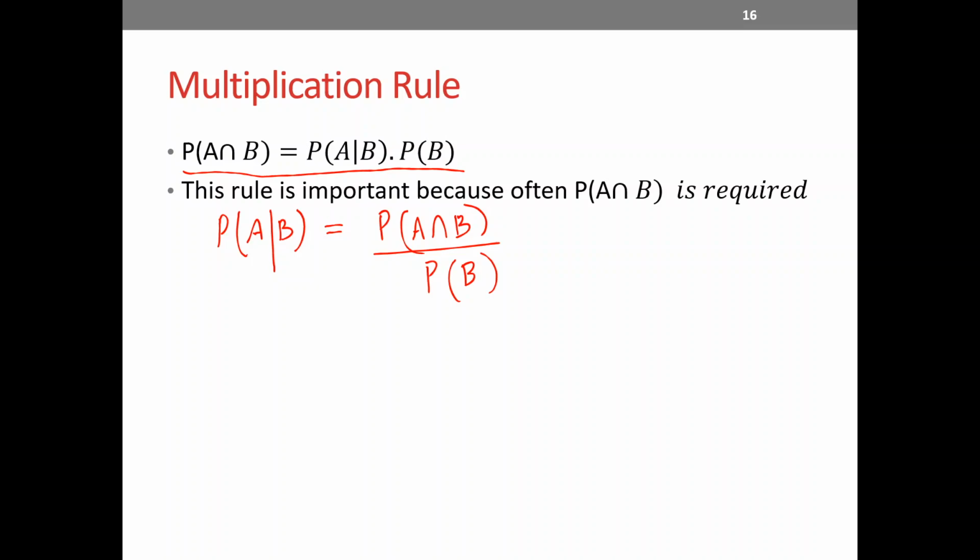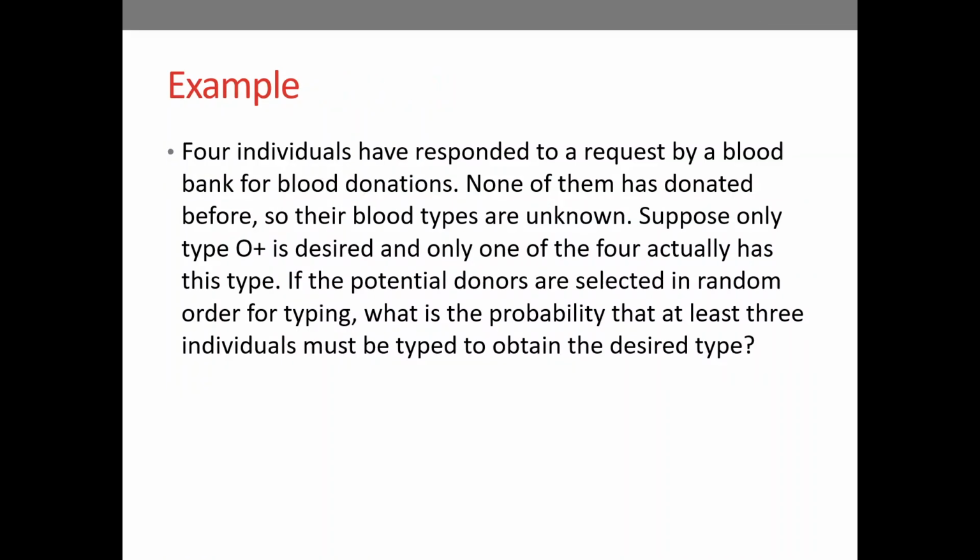We'll look at a couple of examples to better understand this, because sometimes you're interested in probability of A and B when we are able to find out the probability of A given B and the probability of B. Let's look at an example to understand this.